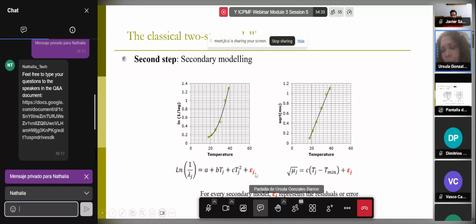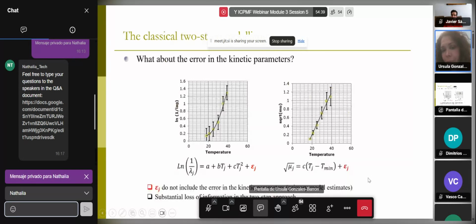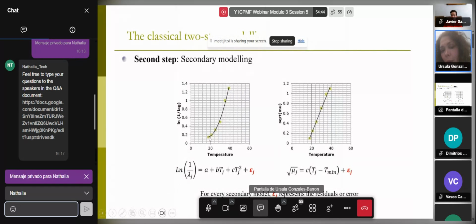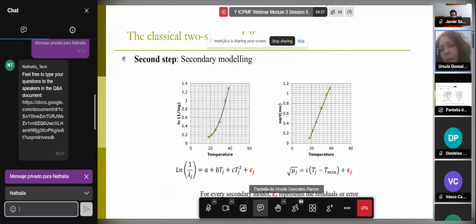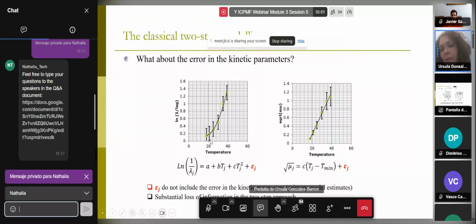And for every model, you see there is an error, right? This is the error for the primary model, the residuals. The question is, when you determine the estimates of every point, there was also an error associated with the parameters. What happened to that error? Each estimate, you see, the bars are errors. What happened to this error?